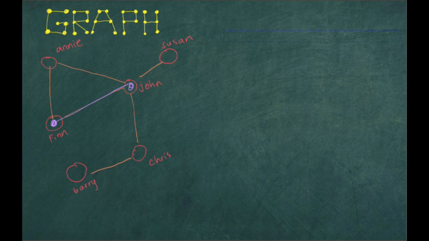Now, in addition to just points and edges, we can also express certain other concepts. For example, instead of plain edges, we can have directed edges, which imply that we can only move this way and not the other way.